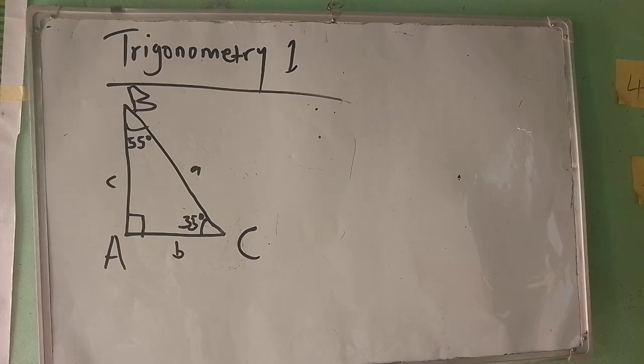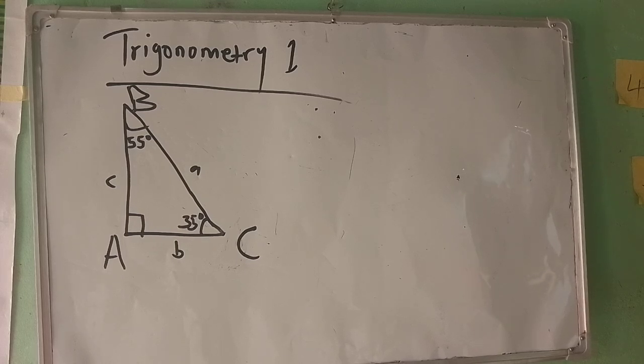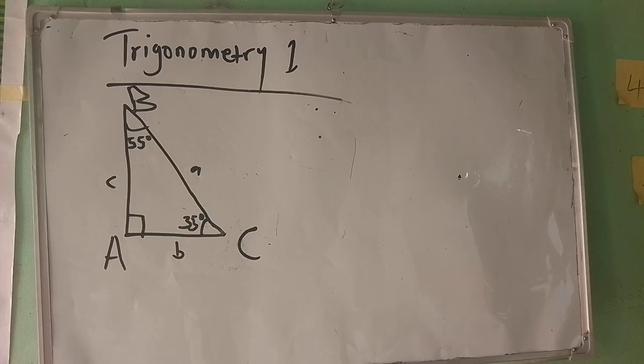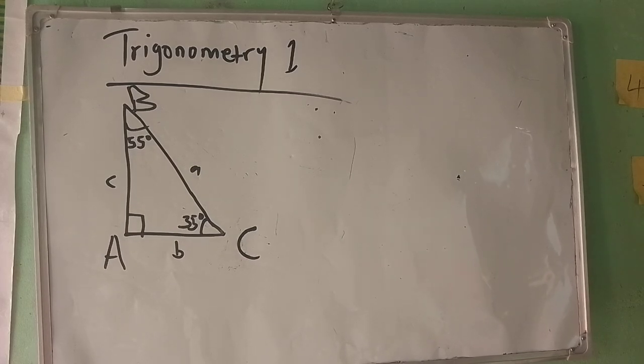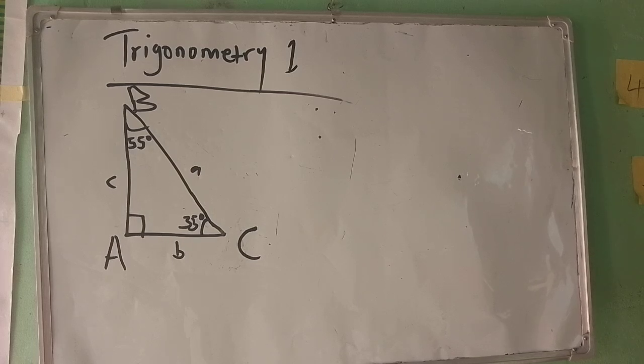So let's start immediately. First and foremost, in trigonometry 1, the focus is actually on sine theta, cosine, and tangents, in respect to right angle triangles.